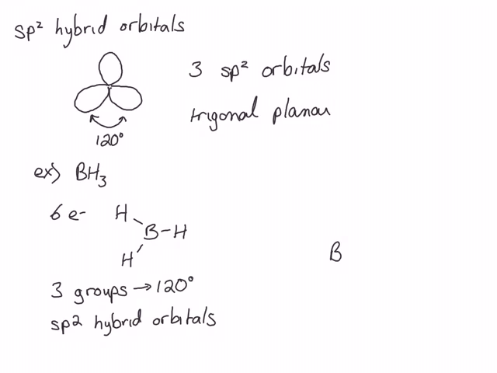That boron will have 3 sp2 hybridized orbitals. And again, the hydrogens each only have 1 electron pair to contend with, so they will just be using their s orbitals.